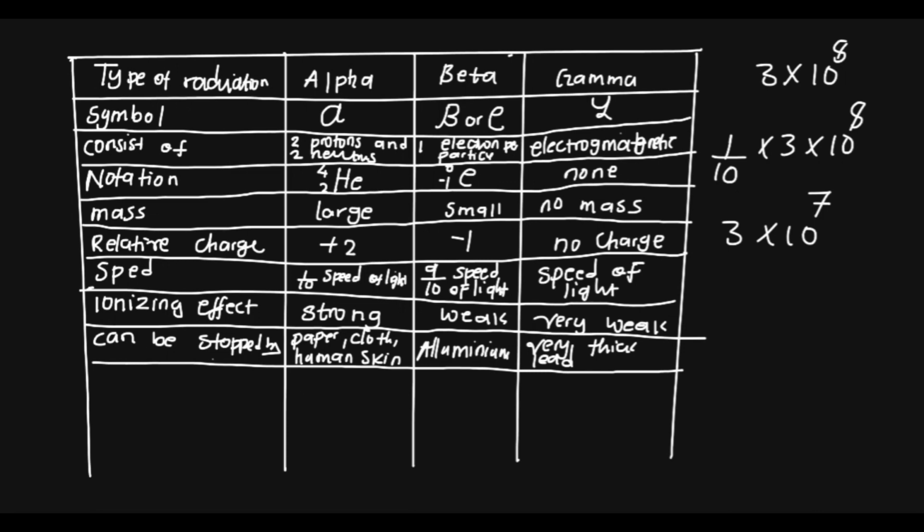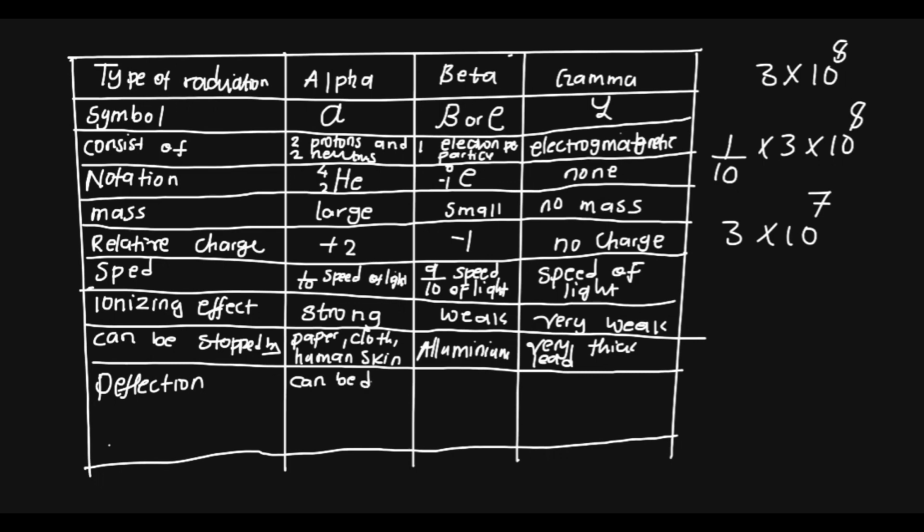Then we can also look at deflection. So for deflection, we are looking at the charges and the North Pole and the South Pole. Now for alpha, alpha can be deflected toward the negative terminal. Why?